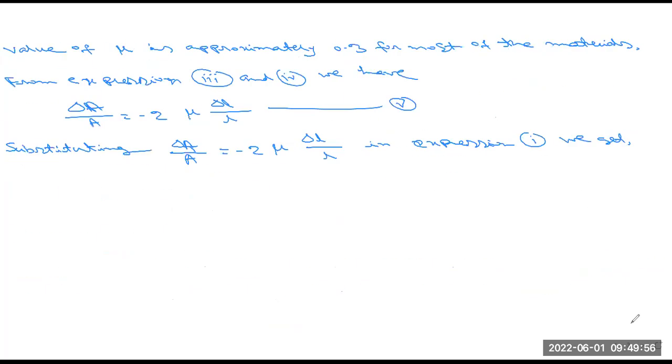So now we substitute the value of delta A by A, and the equation remaining is delta R by R equal to delta L by L plus 2 mu delta L by L plus delta rho by rho. Okay, so we put this into equation number 1.